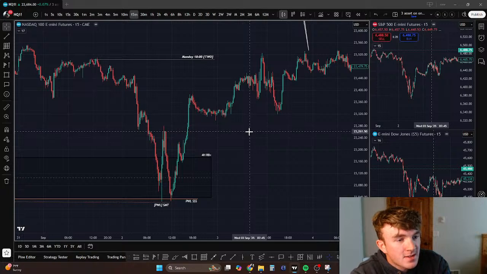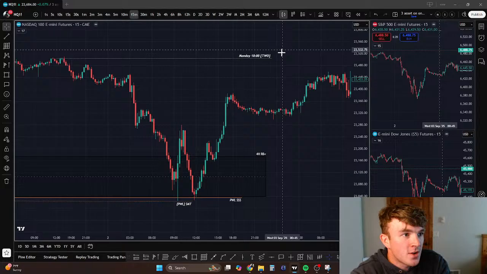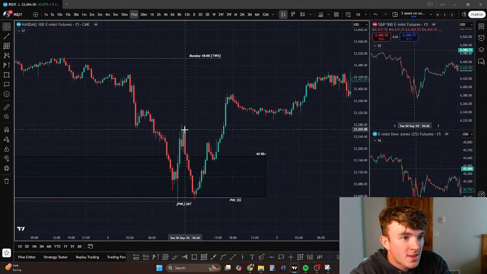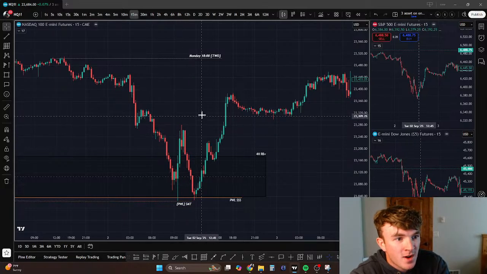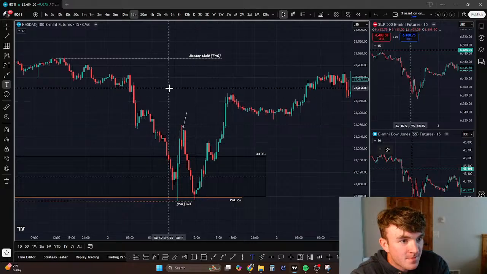Let's see. I guess once again, okay, here's a note that I have about this actually. Note how we wick through it and then we close higher, but it's just not super obvious, right? Not a super obvious CISD and no internal sweep.